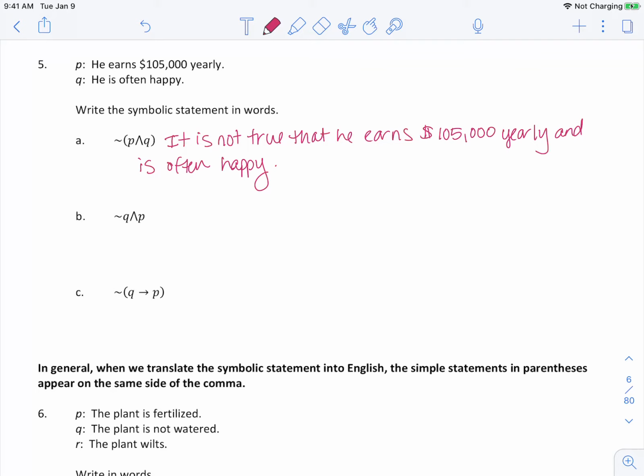For B, we have not Q and P. So we would say he is not often happy and he earns $105,000 yearly.